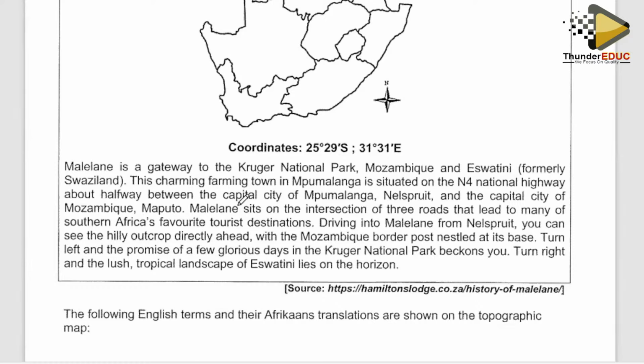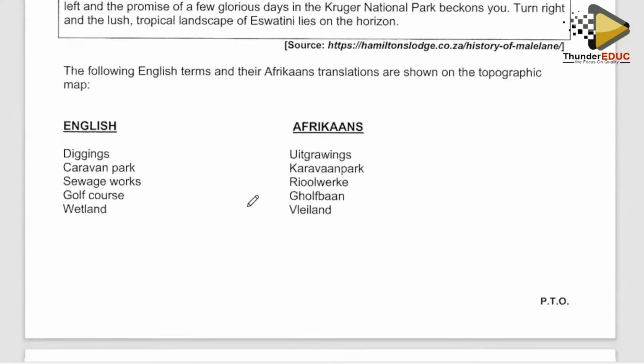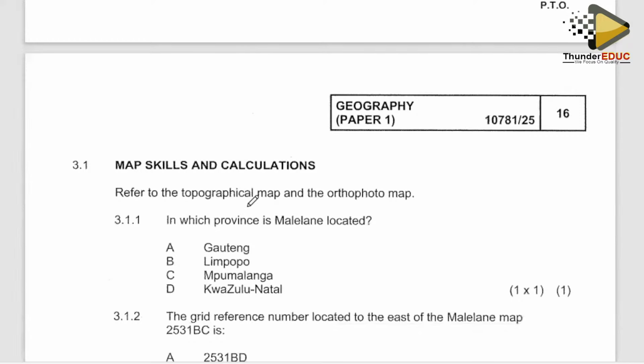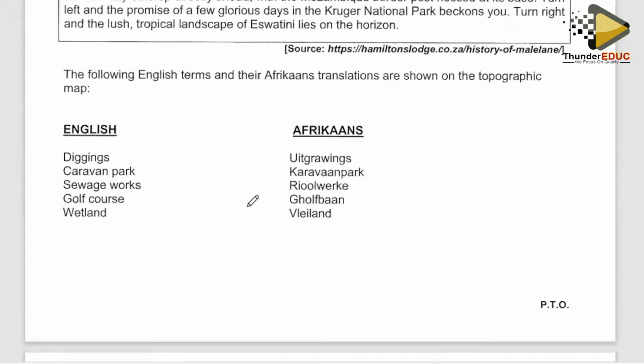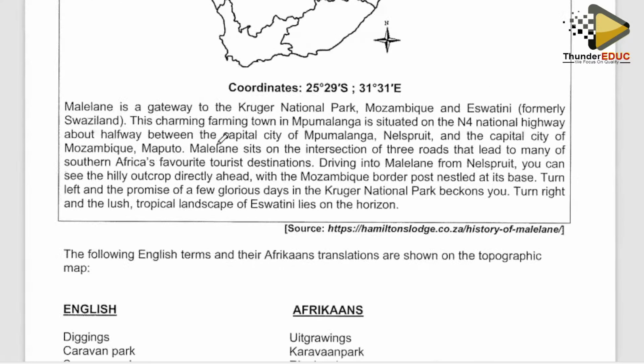Right. So taking it to our questions, in which province is Malelane located? We find that on the map information. It's here. Malelane is a gateway to the Kruger National Park, Mozambique and Eswatini, formerly Swaziland. This charming farming town in Mpumalanga.